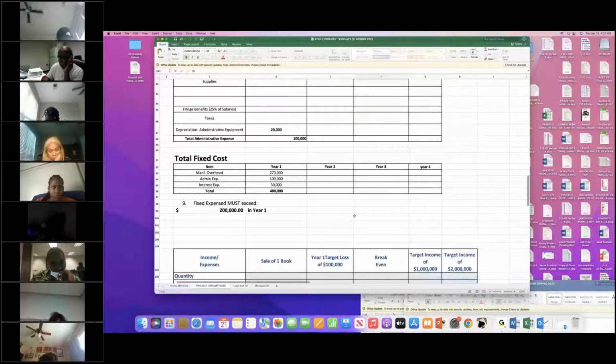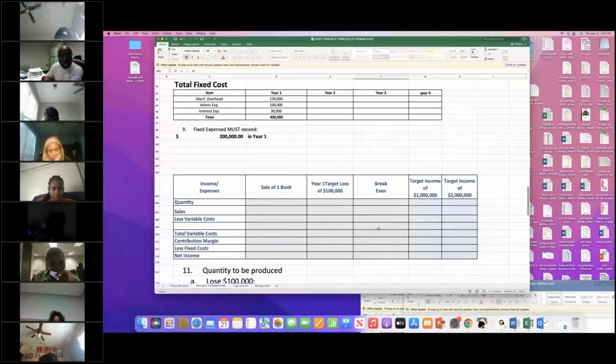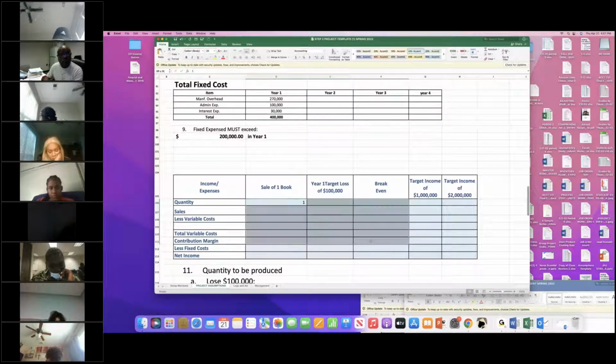And you don't have to worry about target income of 2 million. But I want you to get the quantities, sale of one book. You should be able to get that one easy. But now get me the quantities on these others. If these were your numbers, tell me what your quantities would be.